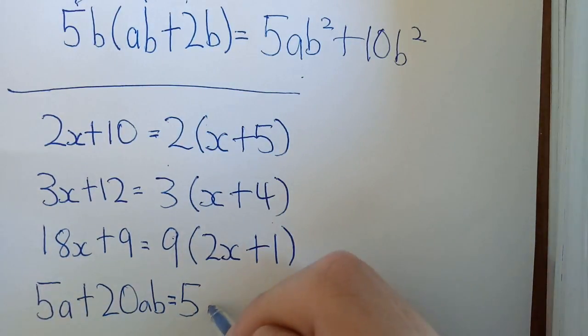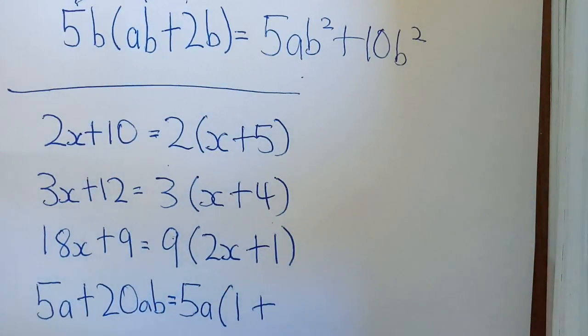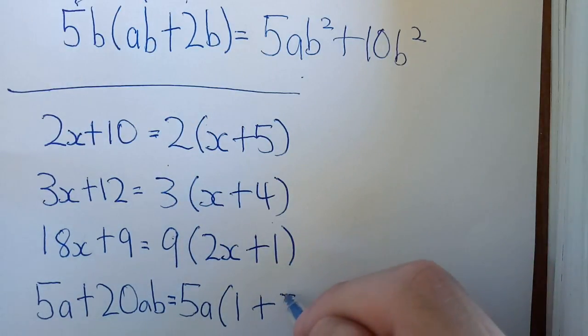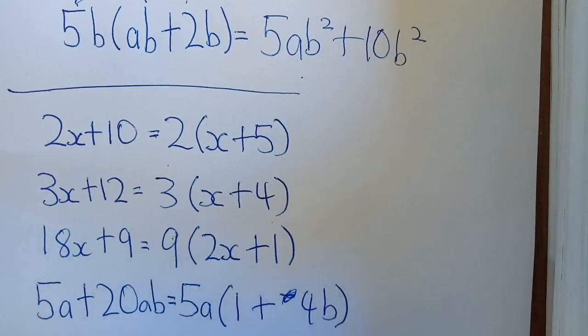And we need to include a here as well, because we've got a as a common term between both these values. And now moving into the brackets, we have 1 here, because 5a times 1 equals 5a, and what multiplied by 5a equals 20ab, and that is 4b. And this right here is the solution to the last question.